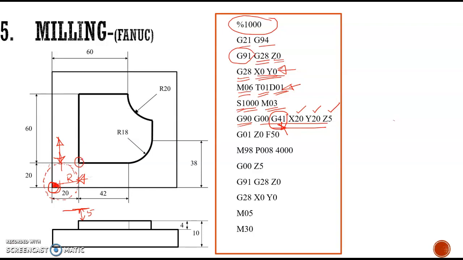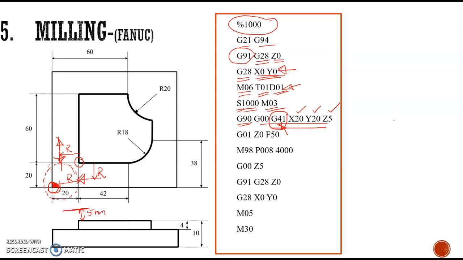But since we have used this G41, the tool has been offsetted this much distance, that is R from the y-axis, and similarly R from the required position in the x-axis. So that's why initially the tool will be in this position, and it will be 5 millimeter above the surface of the workpiece, since we have given Z equal to 5.